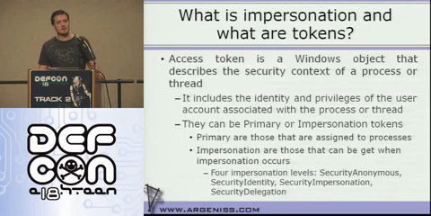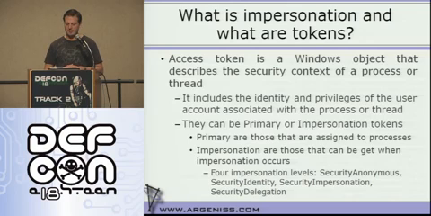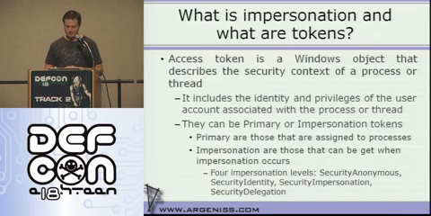The primary ones are those that are assigned to processes during process creation. And the impersonation tokens are those that you get when a thread impersonates. And there are different levels of impersonation: security anonymous, identification, impersonation, and delegation. We will focus on the impersonation level, which is when a thread can act like it's another user.